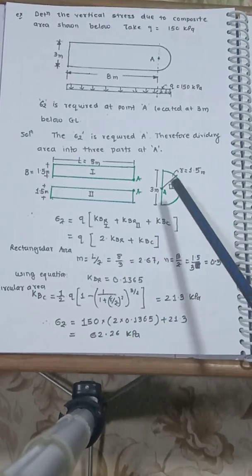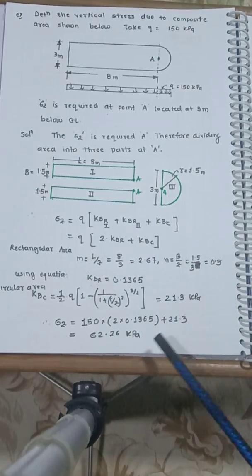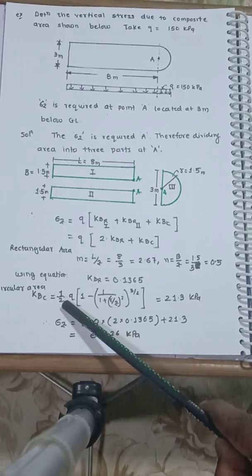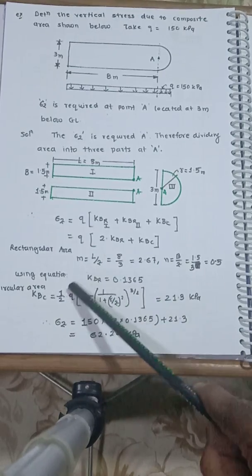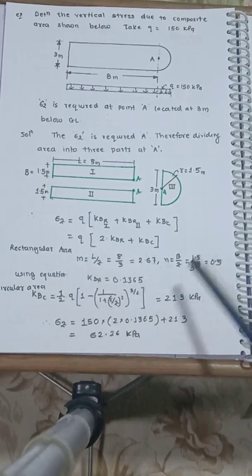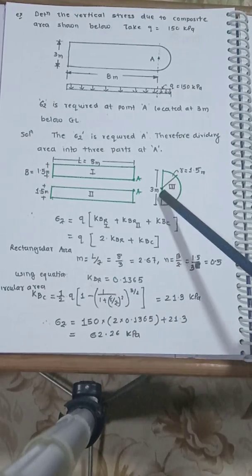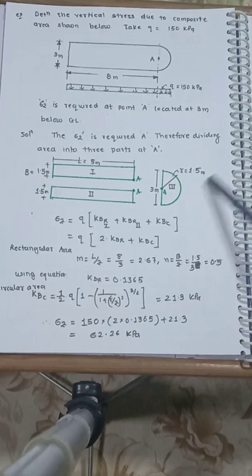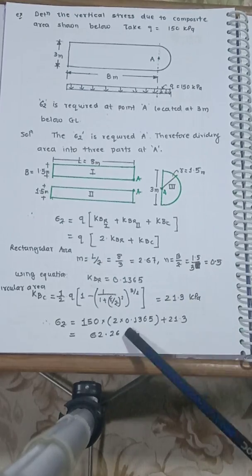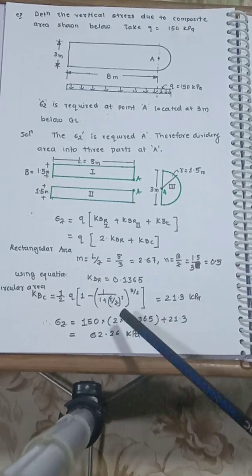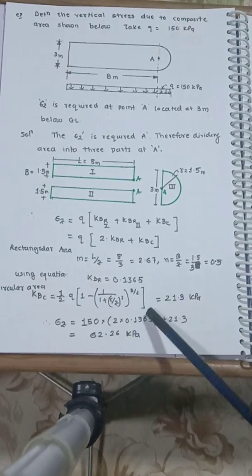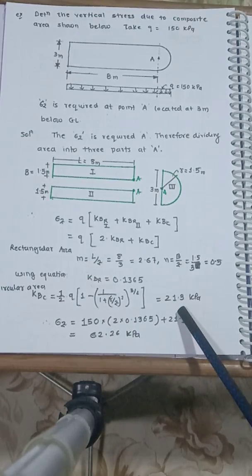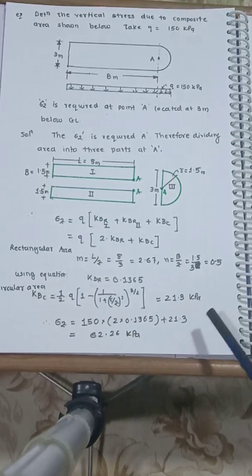Now for this semicircular part, I have written half here because we have the expression for a full circle. Again it is a function of r by z. Here r is the radius, 1.5. Please check the calculation again. After substituting this we get 21.9 kilopascal for the circular part.